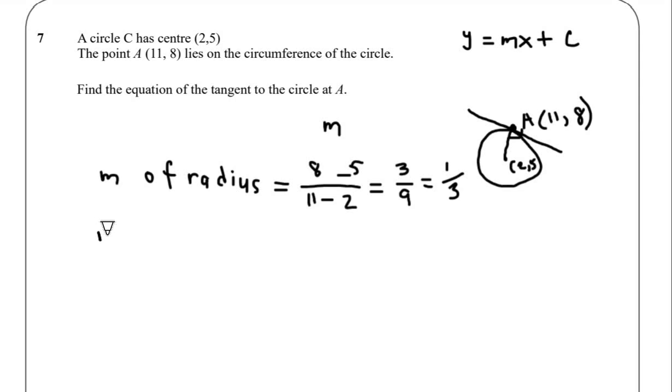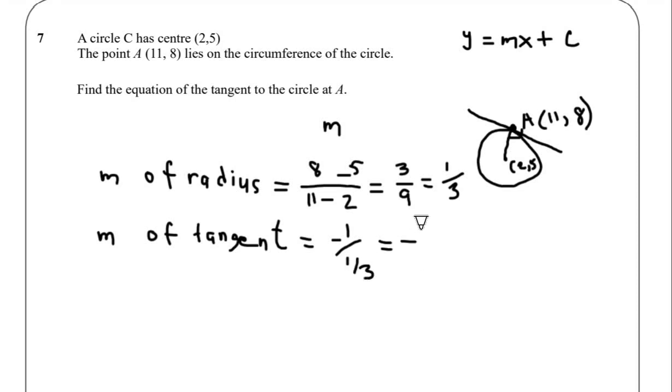And now, what will be the gradient of the tangent? The tangent is perpendicular to the radius, right? So what we need to do here is take the negative reciprocal of the gradient of the radius. So -1 over 1/3.